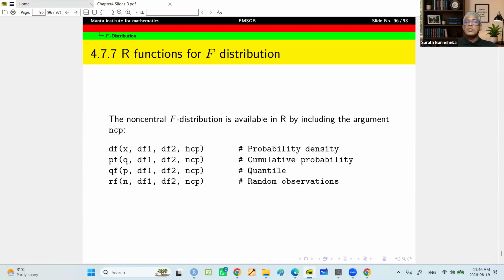So if you don't give a value for ncp, then all the values given by these functions are related to the central F distribution. But if you provide a positive value for the ncp, then these functions will give the corresponding quantities for that F distribution with numerator degrees of freedom df1, denominator degrees of freedom df2, and whatever the given non-centrality parameter.